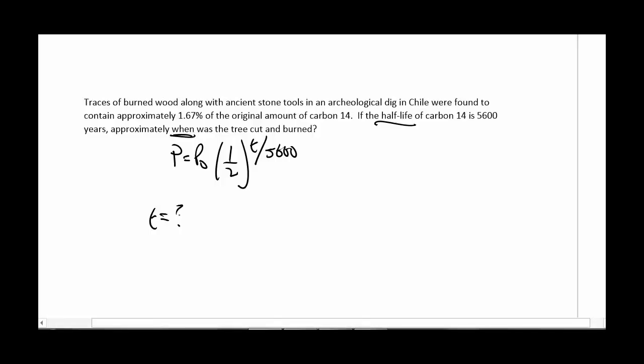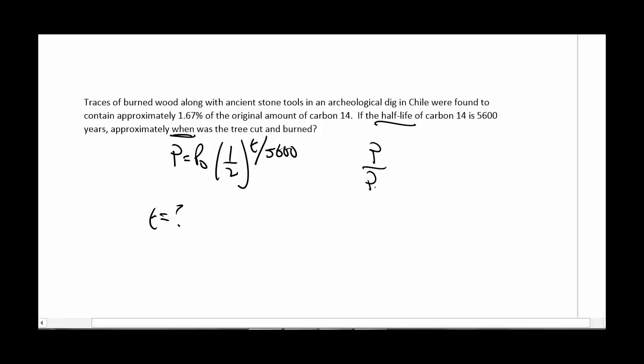Now we're given this really strange piece of information, this 1.67%. What's going on here is they found something somewhere in the earth, and they happen to know that there's only 1.67% of the original carbon-14 still remaining in the material. Well, that's not really a starting amount or an ending amount. It's sort of a ratio between those two.